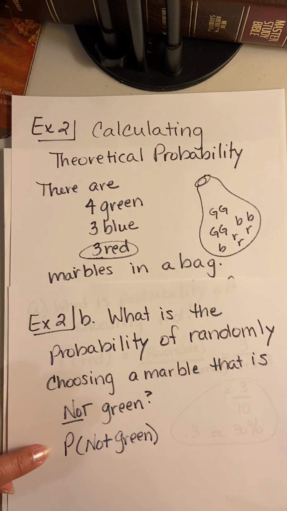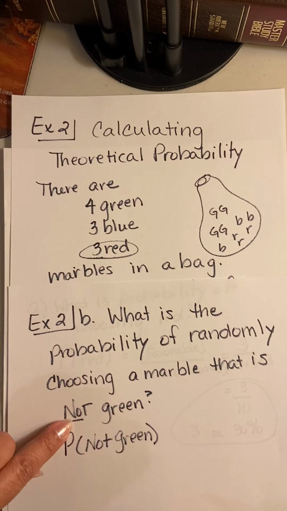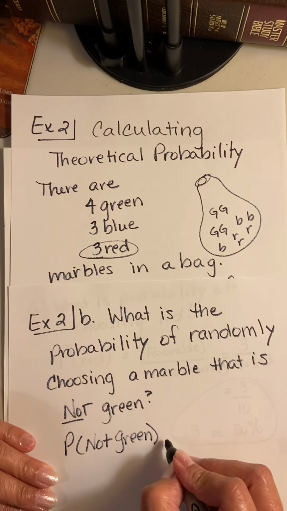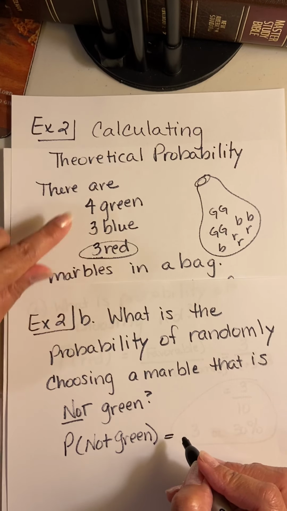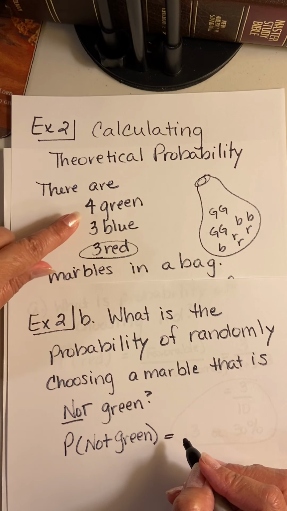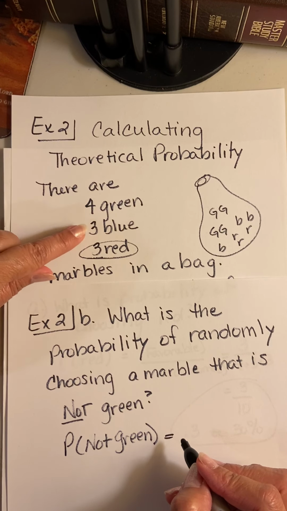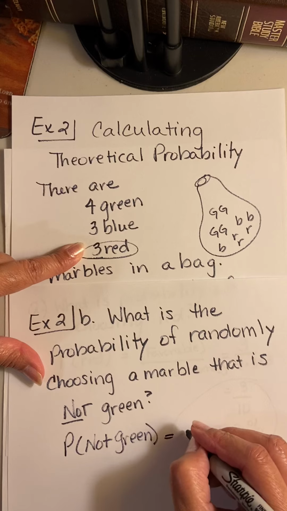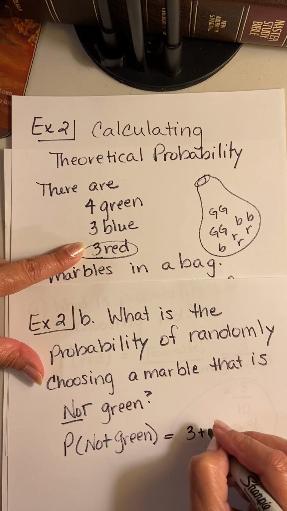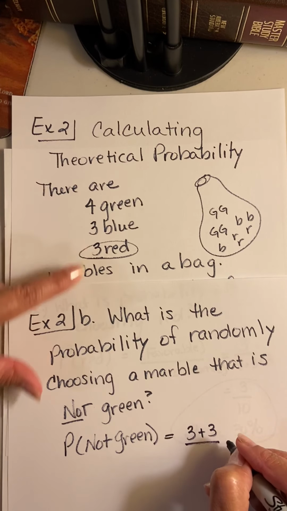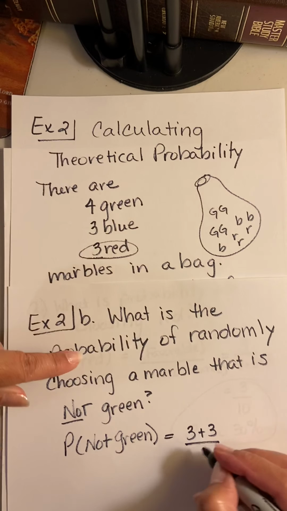When we use the word not, a lot of times that's one of our complement events. But how many of these are not green? So I come over here, there's 4 green, 3 blue, and 3 red. So it would be 3 blue plus 3 red, and out of how many that are all in there?